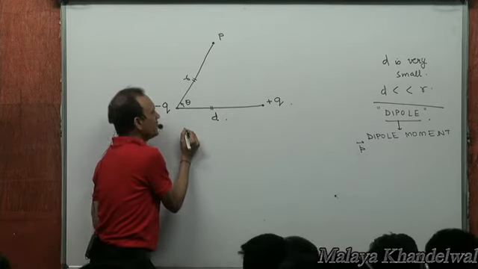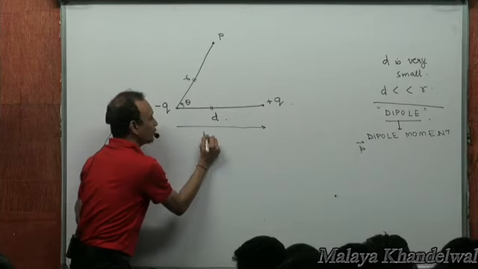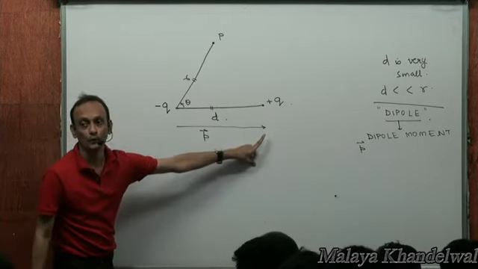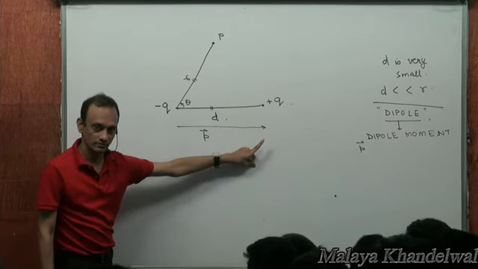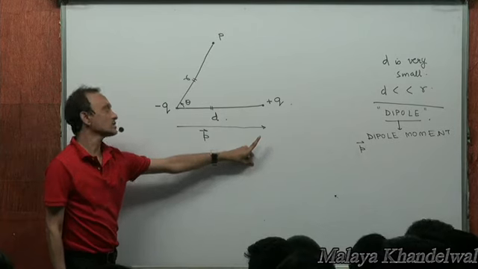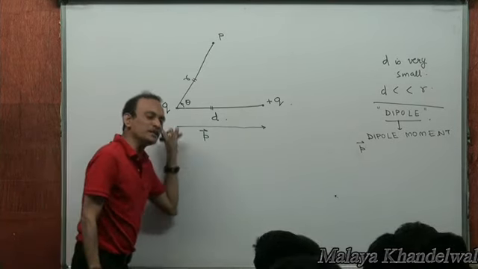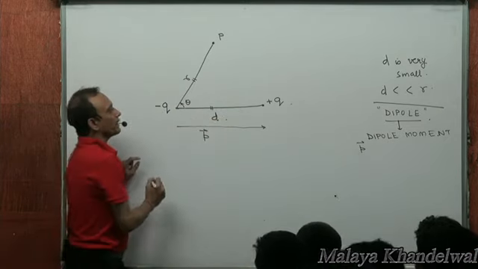This vector p is directed from the negative to the positive charge. This dipole moment vector p is directed from the negative charge to the positive charge. In chemistry they do the exact opposite, right? Yes. So dipole moment is defined from the negative charge to the positive charge, the dipole moment vector p.